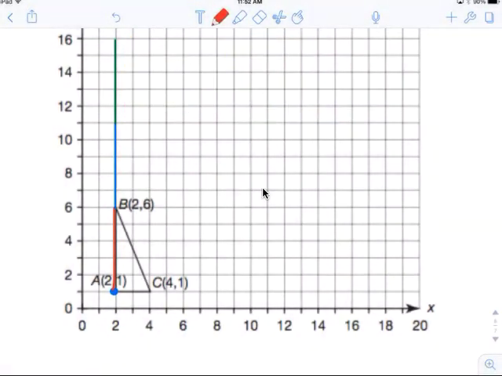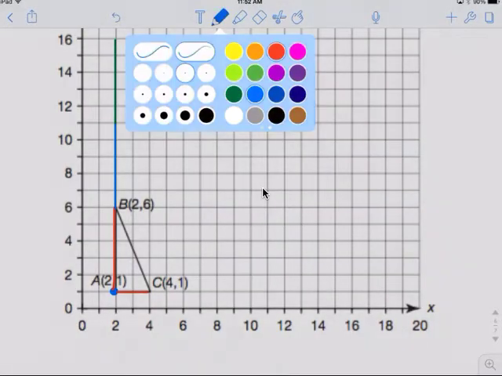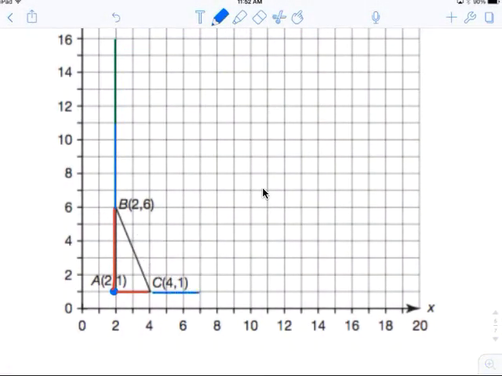And we do scale factor of 1 here. Scale factor of 2. And next one, scale factor of 3. And then there. This is C prime.